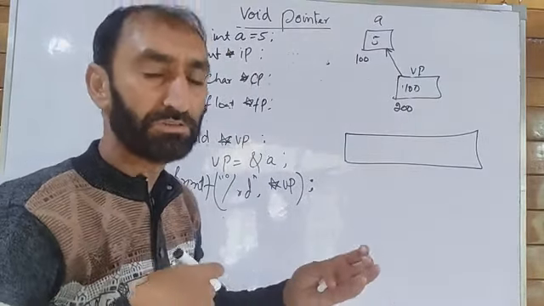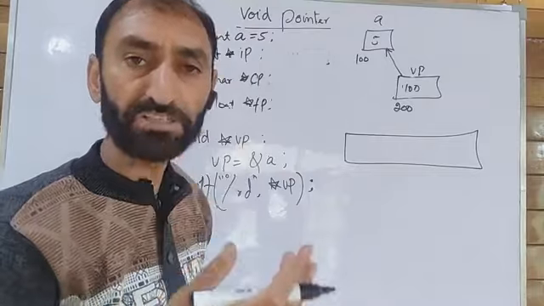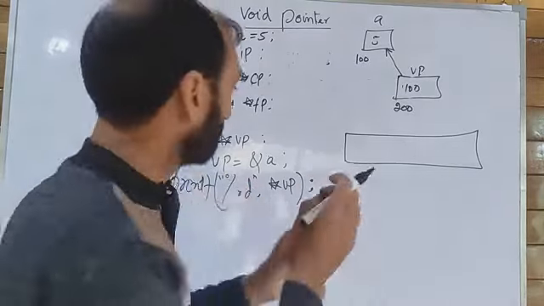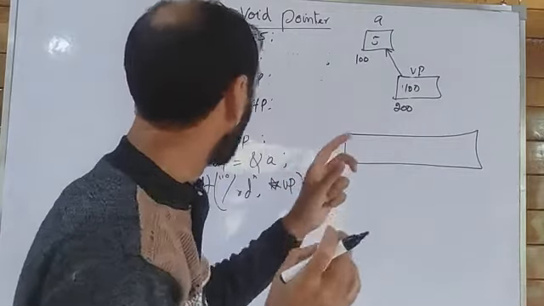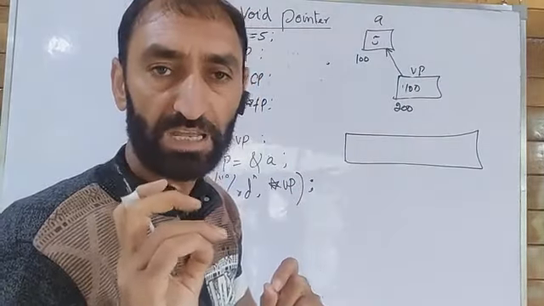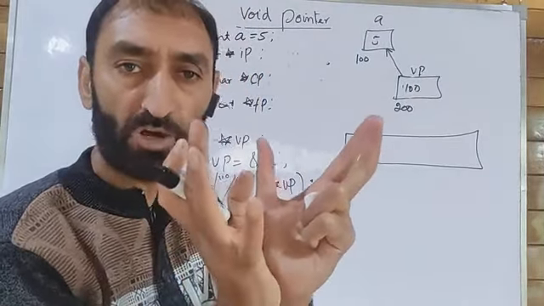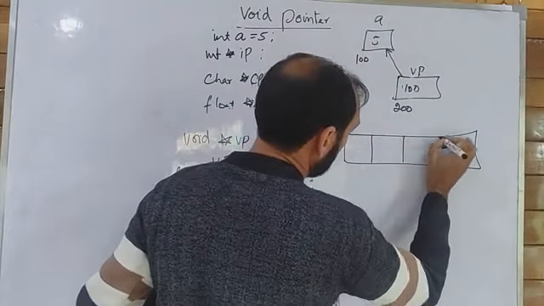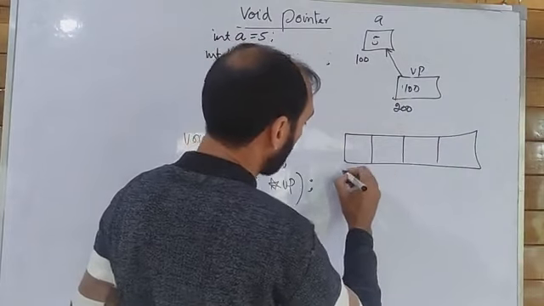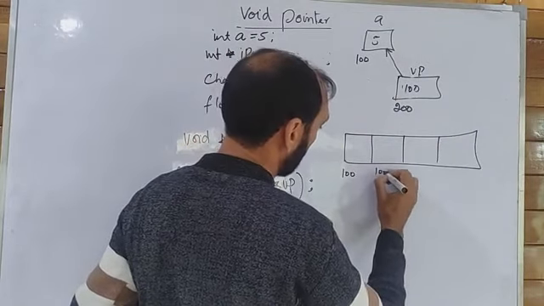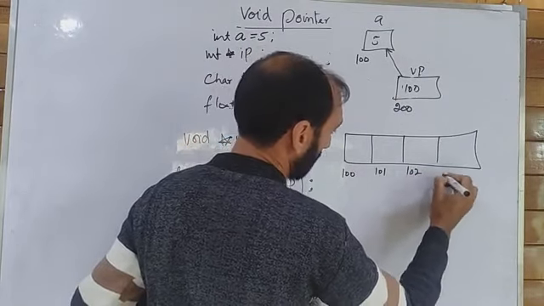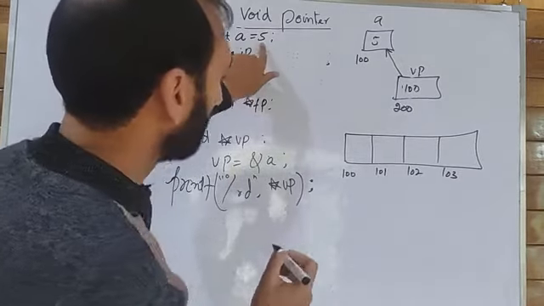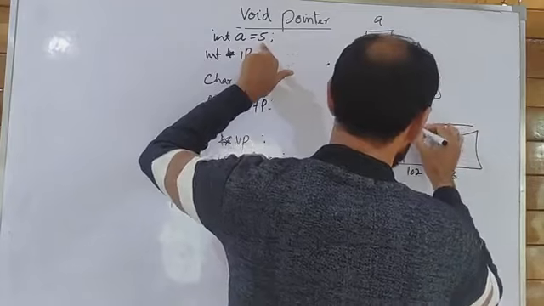Normally, modern compilers provide 4 bytes of memory for an integer. For example, the four bytes have addresses 100, 101, 102, and 103, and a equals 5.